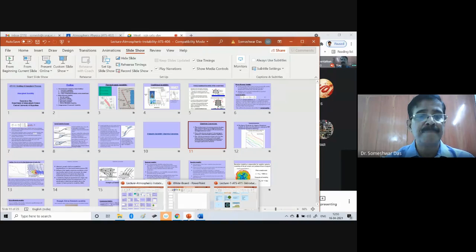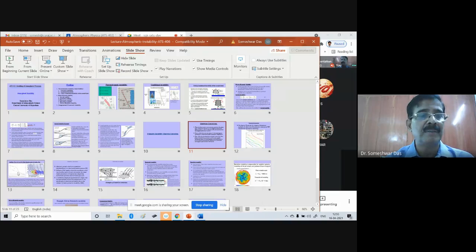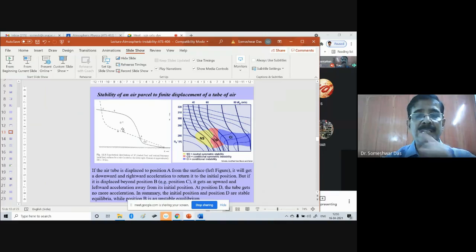So the motion of the parcel depends upon its location with respect to the two surfaces. Just like we have the conditional instability in case of convective motion, you know that it depends upon the lapse rate, right?